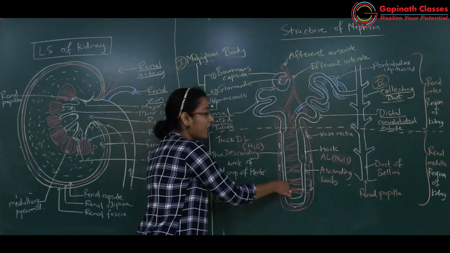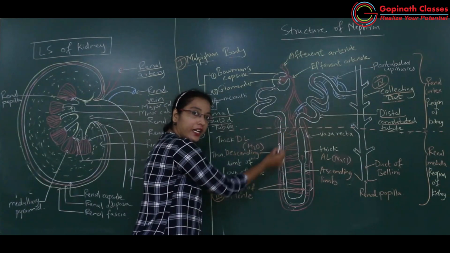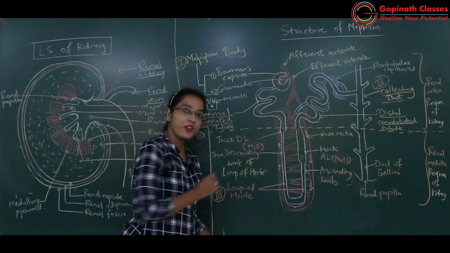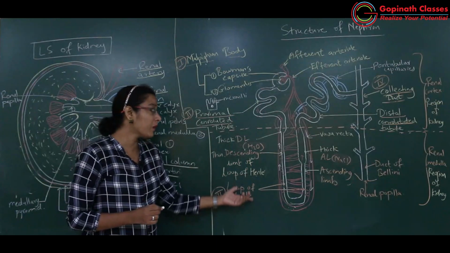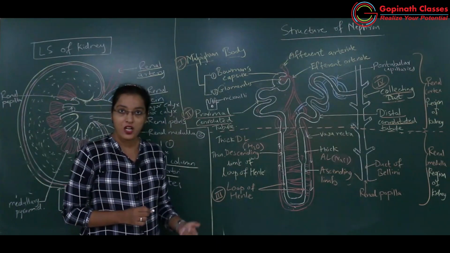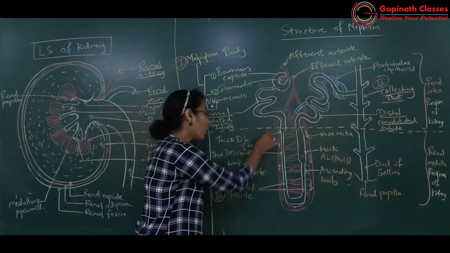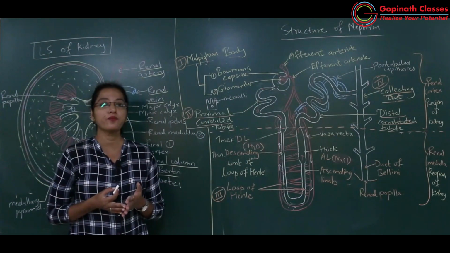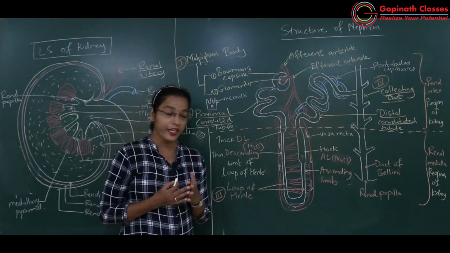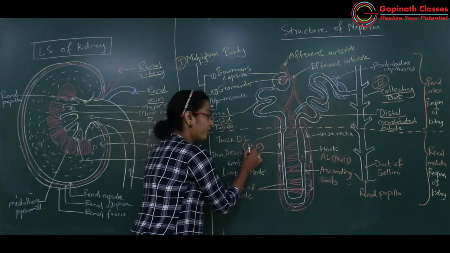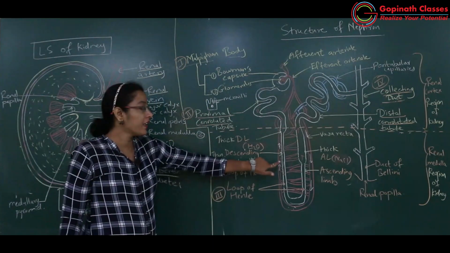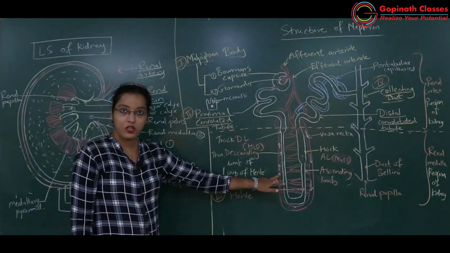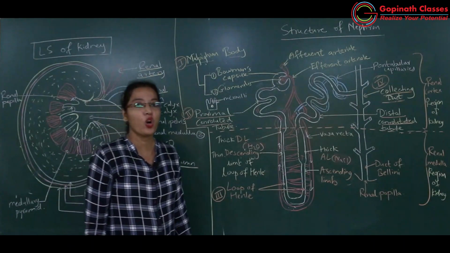The descending limb is having a thick part and it is also having a thin part. The thick descending limb is very small as compared to the thin descending limb, and the whole descending limb is responsible for reabsorption of water. Okay, it is permeable to water. So water can pass into the blood from this tubule, but it is impermeable to salts.